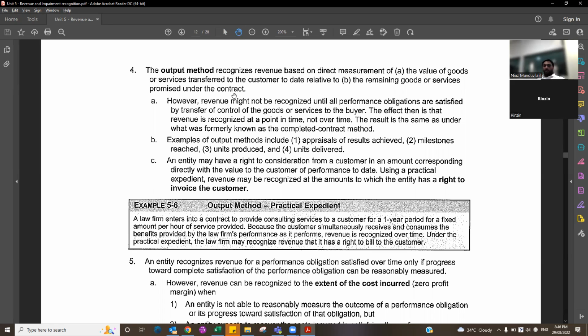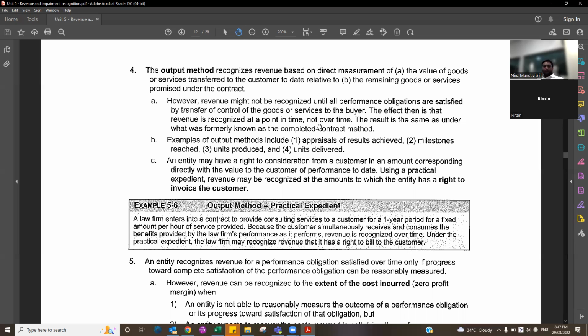Okay, how much you provided and how much is balance for you. However, revenue might not be recognized until a performance obligation is satisfied by transfer of control of goods or services to the buyer. The effect is then that the revenue is recognized at a point in time, not over the time. The result is the same as under what was formerly known as completed contract method.